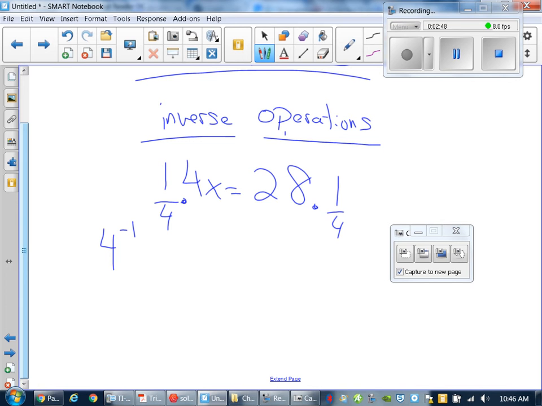Yes, ma'am? What if you don't have that function on your calculator?